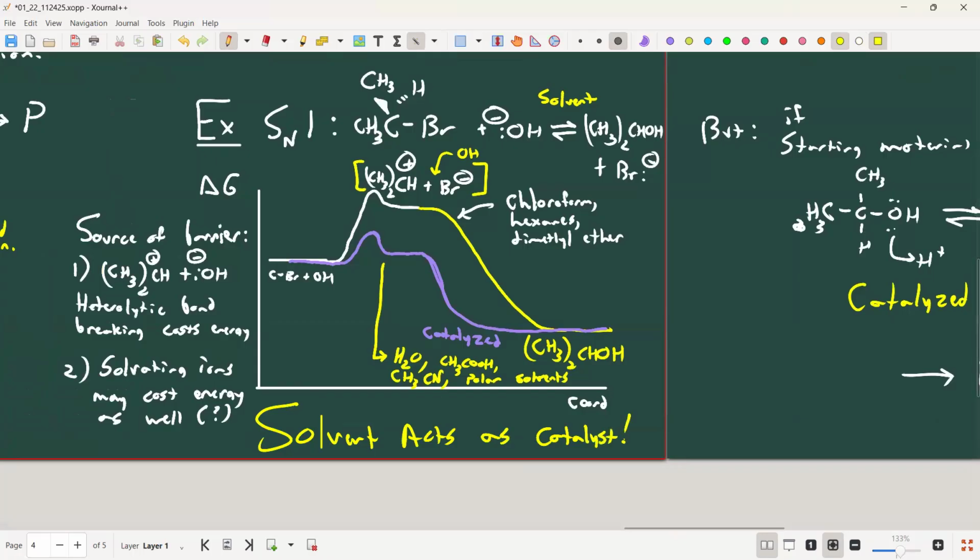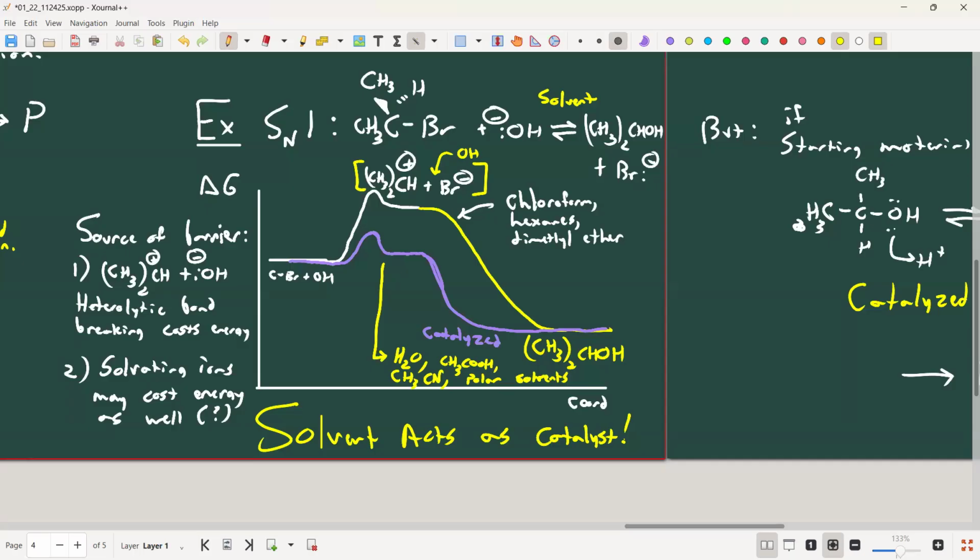The solvent is what provides the energetic stability to the ions in the intermediate. Again, that doesn't mean it's participating in the reaction. It's not that the solvent molecules are getting in there and plucking things out. What it means is that the environment it provides gives some energetic stabilization, because ions are more willing to form in a polar, protic, and polarizable solvent.